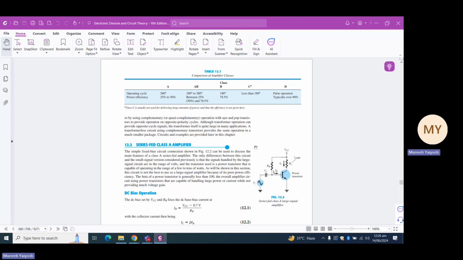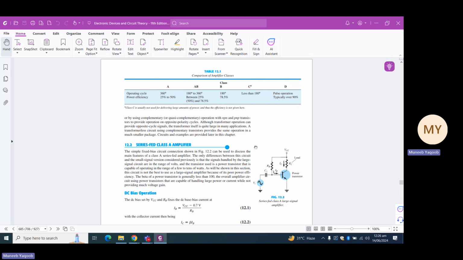For class C, the output waveform is available for less than 180 degrees and therefore their efficiency is better than class B power amplifier. And since in class D power amplifiers the output is for small pulses, their efficiency is much greater than the previous three types of power amplifiers. So its efficiency is about 90% or more.